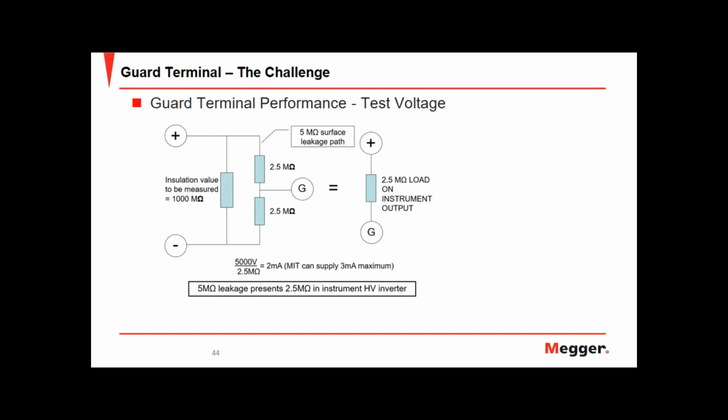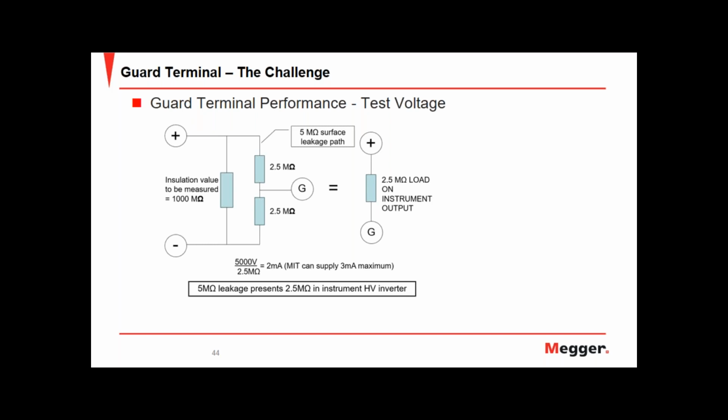So if we divide the test voltage, in this case 500 volts, by the 2.5 megohm, we get a 2 milliamp requirement for our test current. The instrument we're concerned with today is the S1, and the S1 has 6 milliamps of short circuit current, so it can easily supply the 2 milliamps required by this particular resistance value.